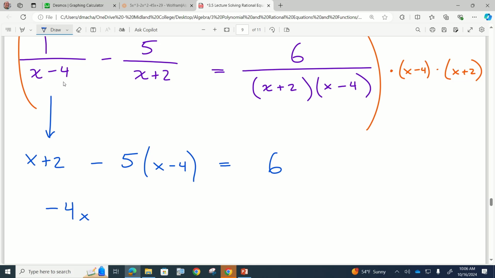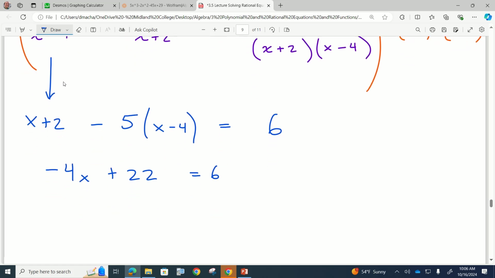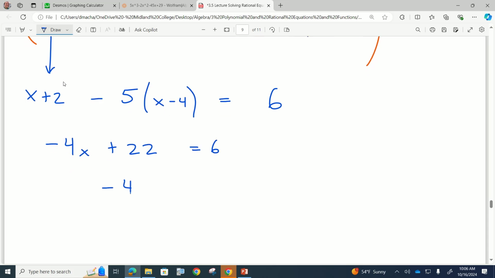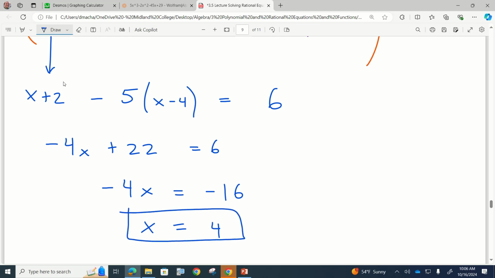Because negative 5 times negative 4 gives me positive 20, so 2 plus 20 is 22. And then subtract 22 from both sides. 6 minus 22 is negative 16. And if I divide both sides by a negative 4, x equals 4.